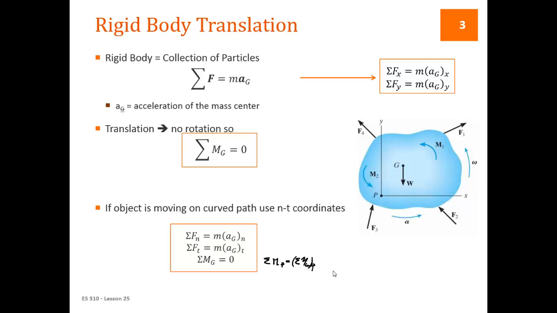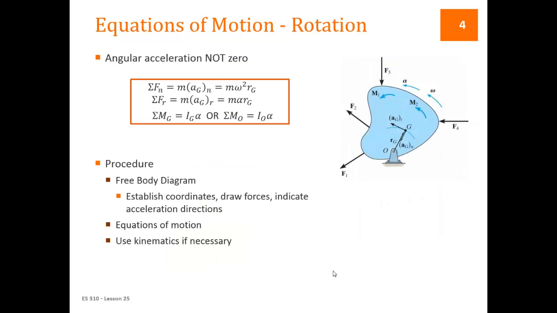In the last lesson we saw the equations of motion for pure rotation, so rotation around a fixed point, which is usually called O. And in this case, the center of gravity has circular motion around that point, and we can write that motion as the normal and tangential components of the acceleration and forces.